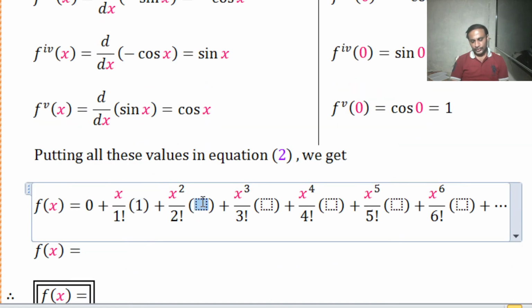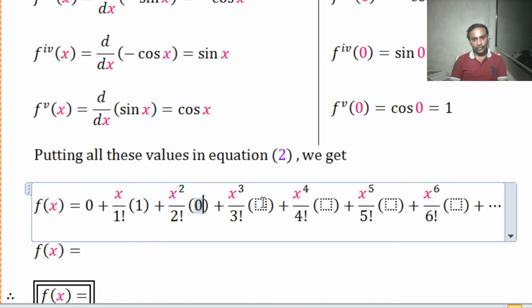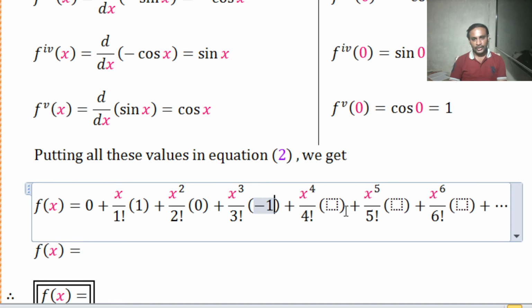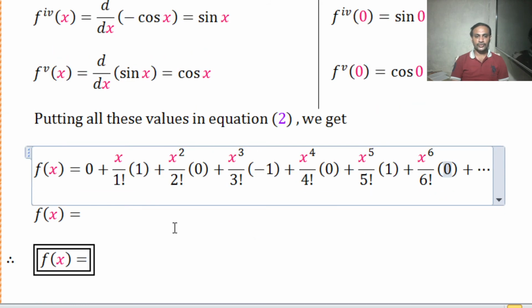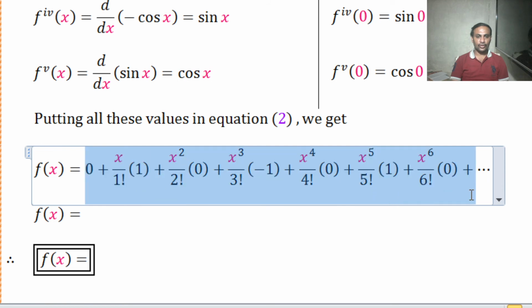Now the second derivative at 0 is 0, the third derivative at 0 is minus 1, the fourth derivative at 0 is 0, the fifth derivative is plus 1, the sixth derivative is 0. Similarly, for the 7th degree term we get x raised to 7 upon 7 factorial into minus 1, and so on, infinitely many terms.